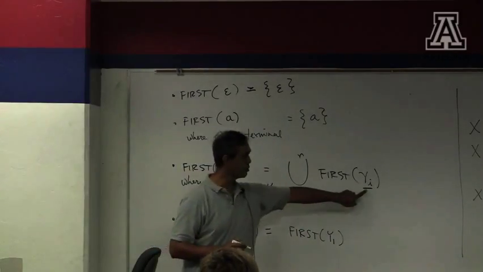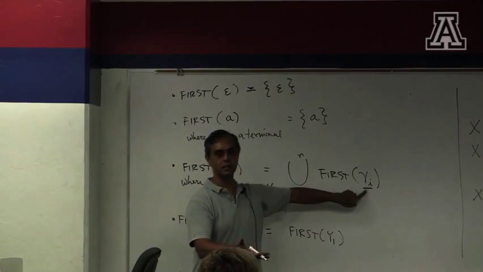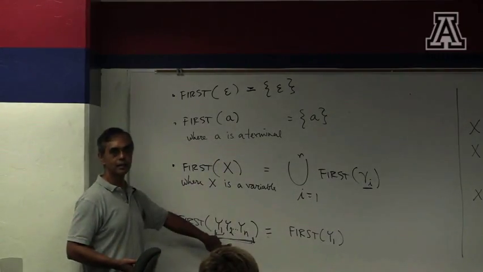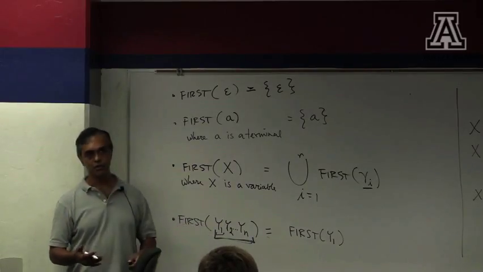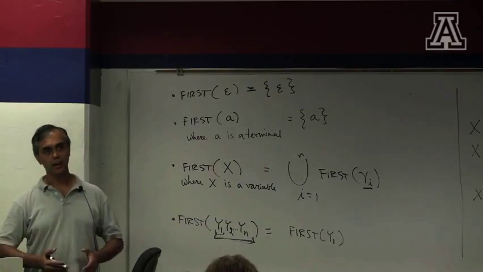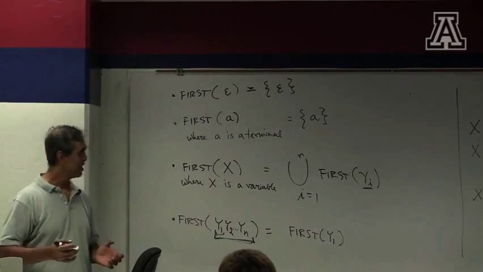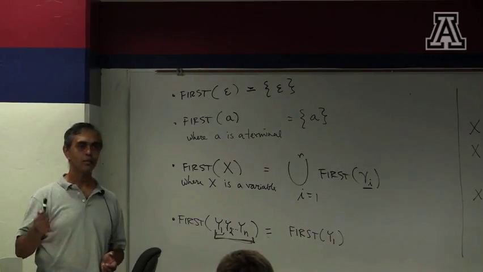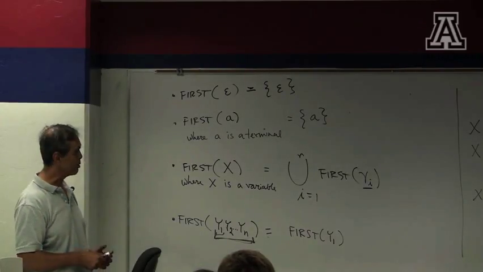Then we'll be able to compute the first for the right-hand side of the productions, because that's the same case as this. So then we'll be able to compute first sets. Once we can do that, follow sets will fall easily. And then we'll pop the stack way back, and we'll compute parse tables.